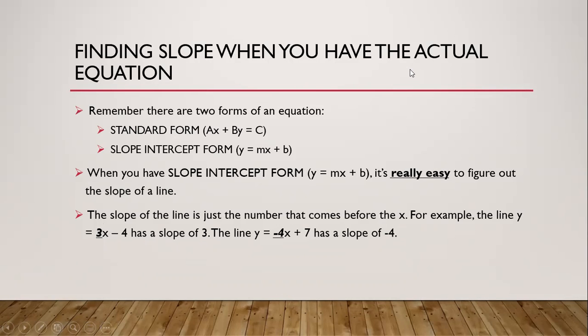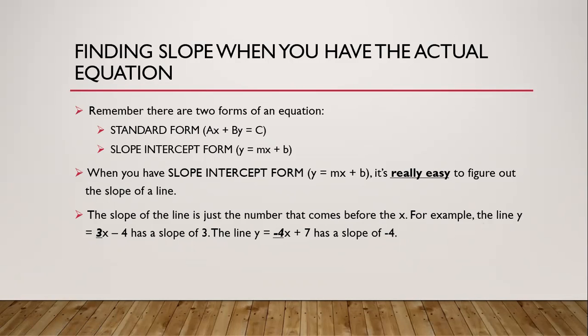In standard form, we can't really do that, but in slope-intercept form, which is y equals mx plus b, it's really easy to figure out the slope of a line. All you have to do is say, what's the number that comes right before the x? So in the line y equals 3x minus 4, it's 3. That's it. That's all you do. You don't do anything else. That's the answer.